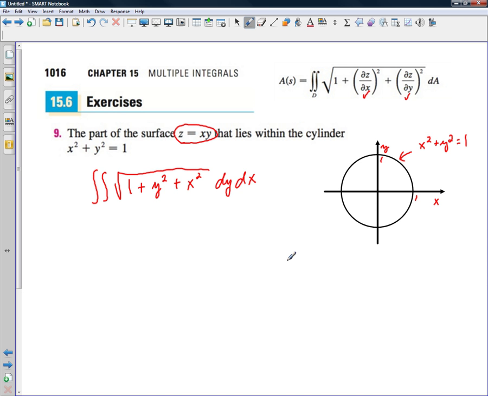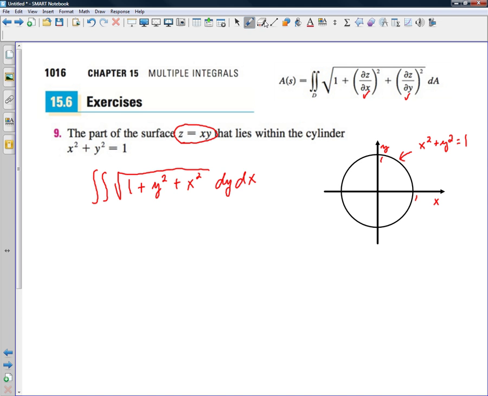And that means that we have to have y as some function of x here if we're going to have dy first, if we're concerning ourselves with this interior set of limits of integration.